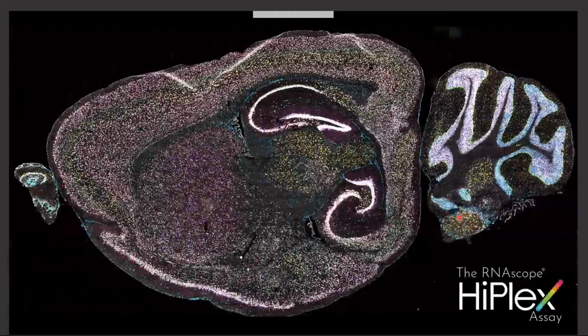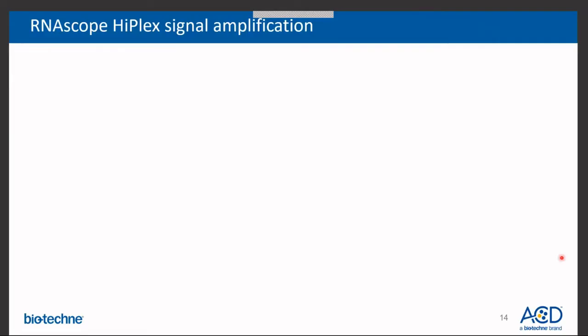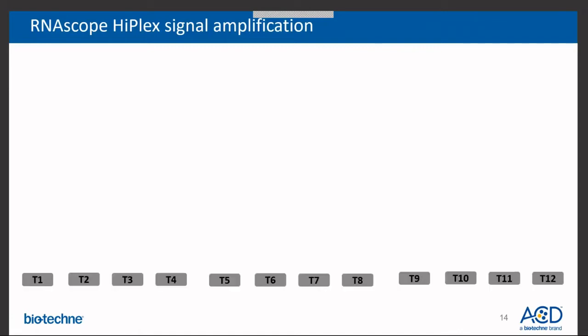All right, the moment we've all been waiting for. I'll highlight and go through the HiPlex assay specifically, how it works, why it's cool, and what it's been used for in the research context. So after the pretreatment portion of the assay, again, depending on what sample type you have, you'll do different things to your sample. But then all 12 HiPlex probes are mixed together and applied to the slide in just that 1 2-hour-long probe hybridization step.